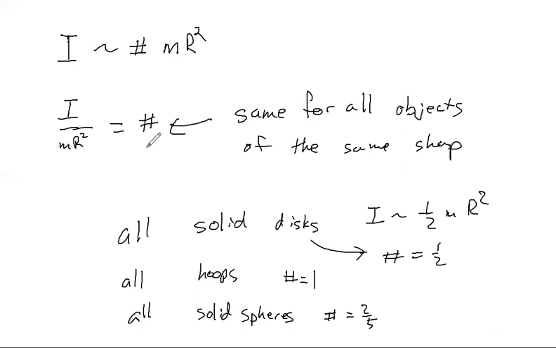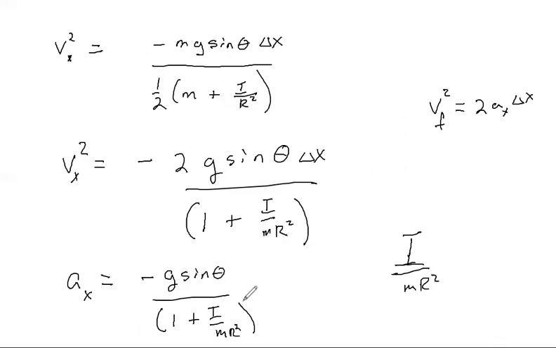So whether it's a large sphere or small sphere, if they're both solid spheres, they should tie. Whether it's a large hoop or a small hoop, they should tie. Whether it's a large solid disk or small solid disk, they should tie. But different shapes won't tie.